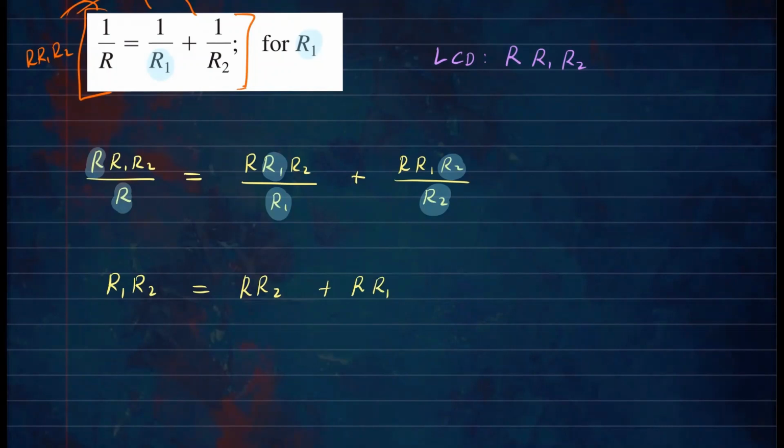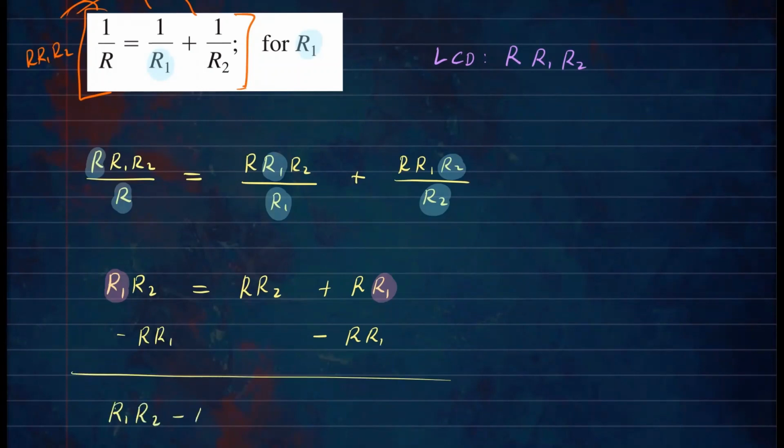Now let's see which one we're solving for, r1. So let me highlight that I'm solving for this variable. So I want them to be on the same side. So I'm going to move r times r1 to the left by subtracting r times r1. That leaves me with r1 times r2 minus r times r1 equals r times r2.